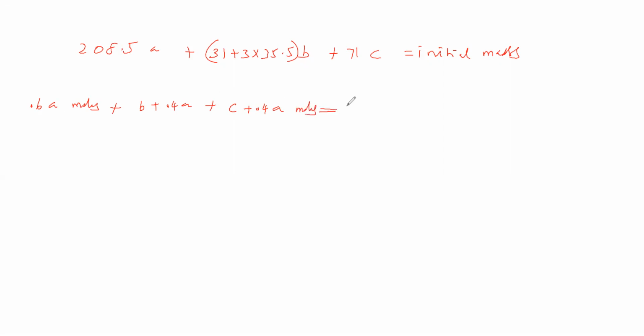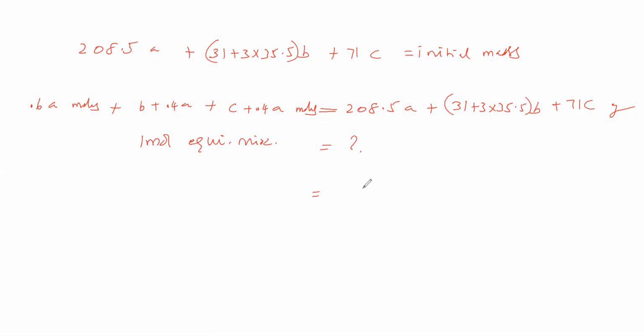The total mass is 208.5 A plus 31 plus 3 into 35.5 B plus 71 C grams. So this many moles at equilibrium weigh this much. Therefore, what does 1 mole of the equilibrium mixture weigh?